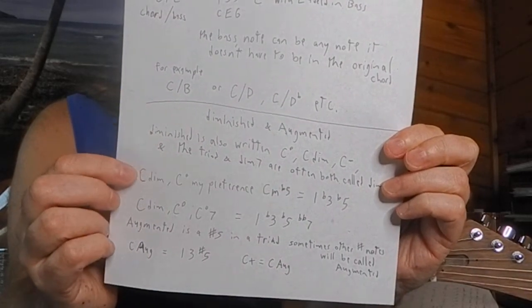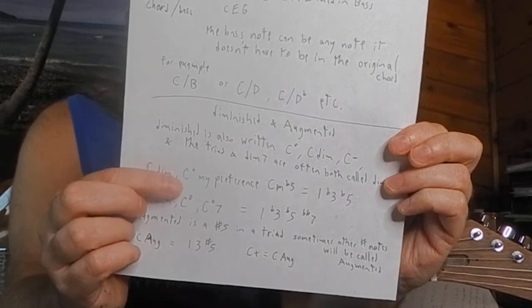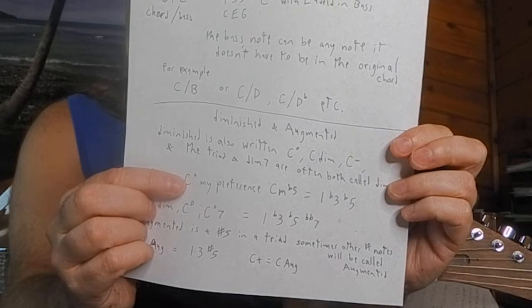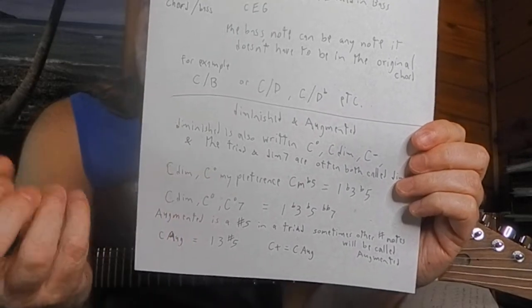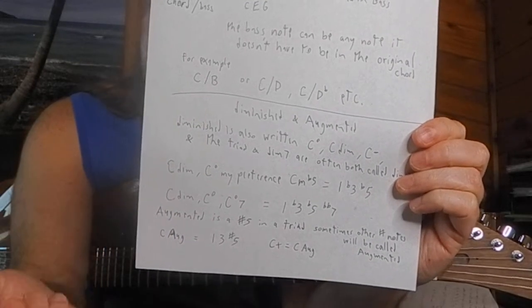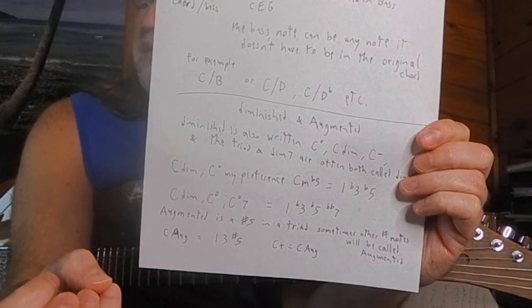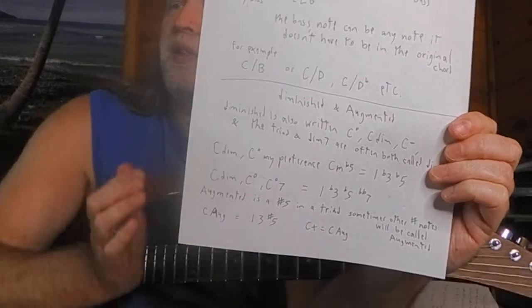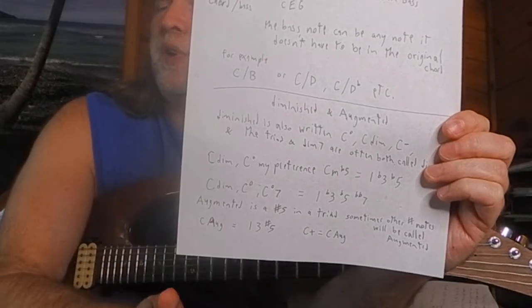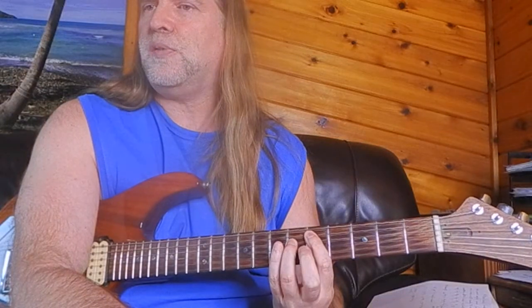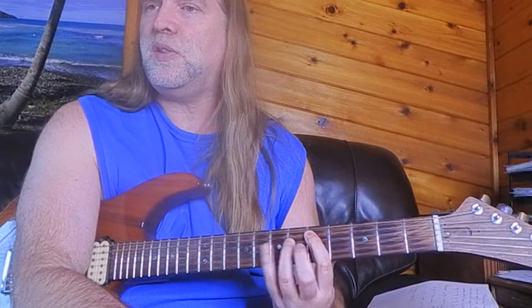So anyways, a diminished triad is a minor chord, so it's 1, flat 3, but the diminished refers to reducing, or flatting, the 5th. The name kind of gives it away. They're making it go to a smaller number. So if I have the 5th here, it's going down 1 fret from 7 to 6.